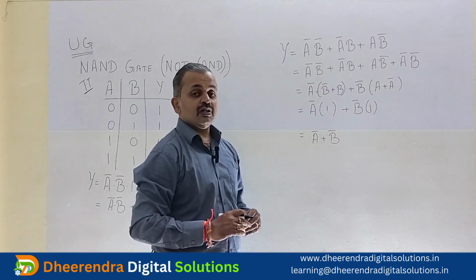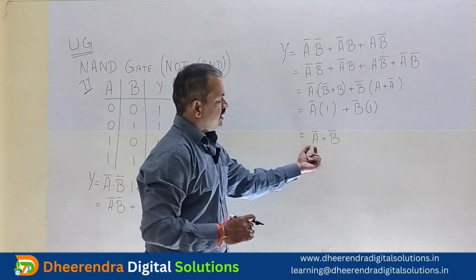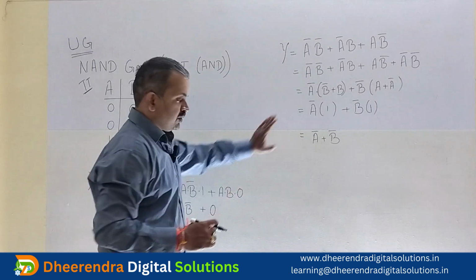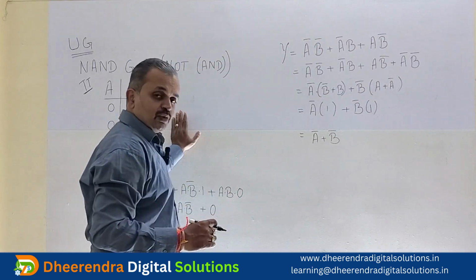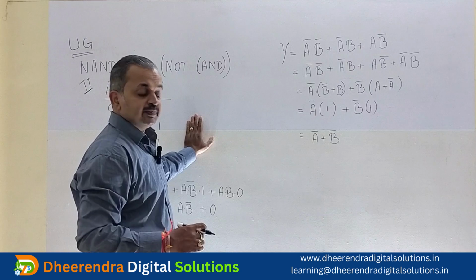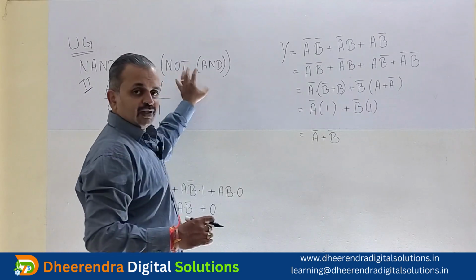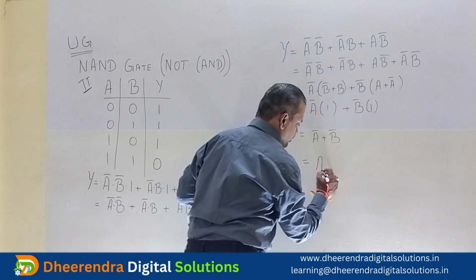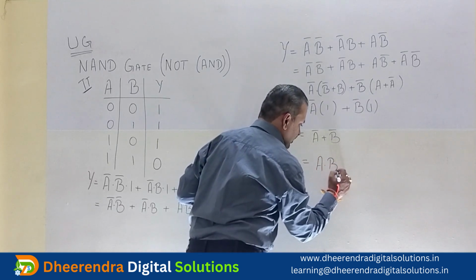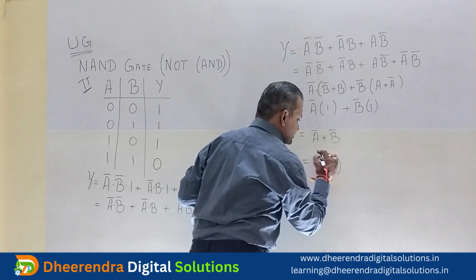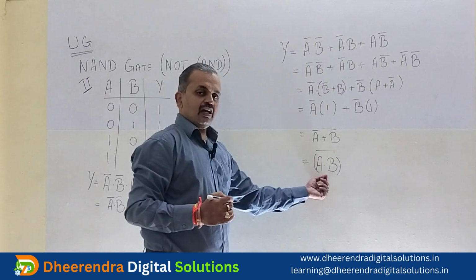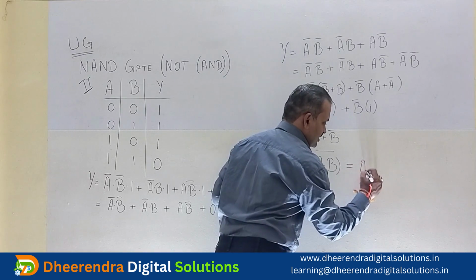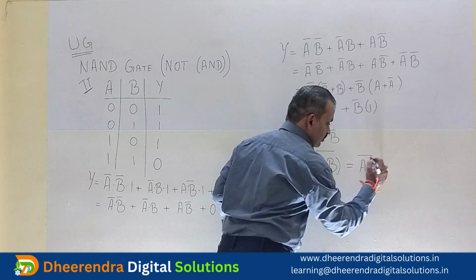Now, this is not what we have defined. We have got the equation as A bar plus B bar. The derivation is perfect. The equation stands good with respect to the truth table. But as per the definition of the NAND gate, first we have performed AND, so A dot B, and then we have complemented the signal, so we should have written (A dot B) whole bar, or without brackets you can just write it as AB whole bar.